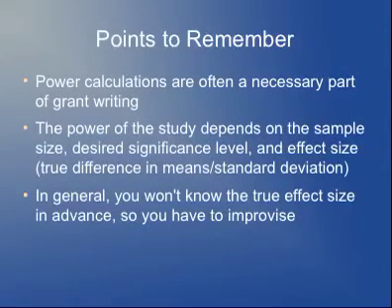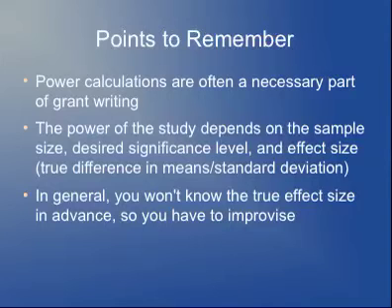So, things to remember today: power calculations. If you ever write grants, you're going to need to do this. You may need to do it for other reasons as well. The power will depend on the sample size, the significance level that you want, and the effect size, the true difference in means, or the true difference in proportions, or whatever.